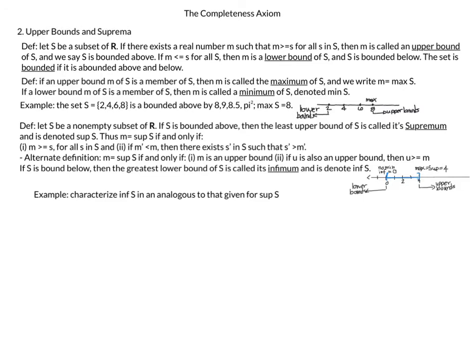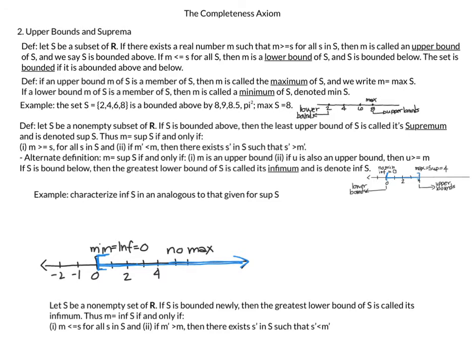So for kind of an example or exercise, characterize the infimum of S in an analogous way that we characterize this alternate definition for supremum. I have my picture here, of this interval, the closed interval starting at 0 to infinity.